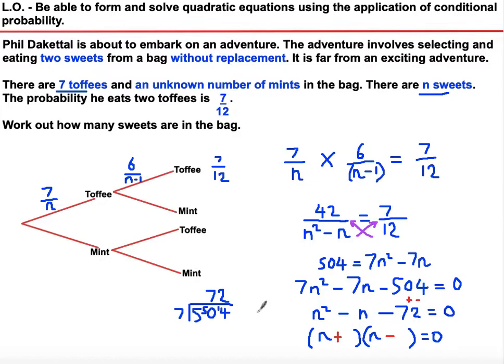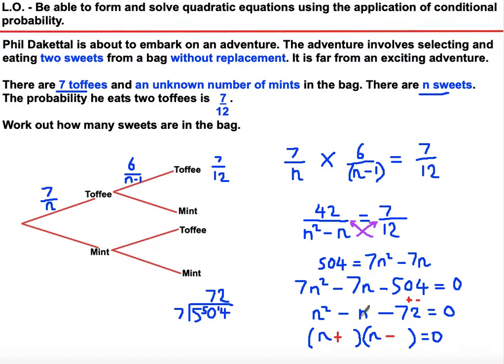So I'm looking at factors of 72. They're going to have a difference of 1. The factors of 72 would be 1 and 72, which isn't going to work, 2 and 36, which isn't going to work, 3 and 24, which isn't going to work, 4 and 18, which isn't going to work, 5 doesn't go into it, 6 and 12, no, but 8 and 9, yes.